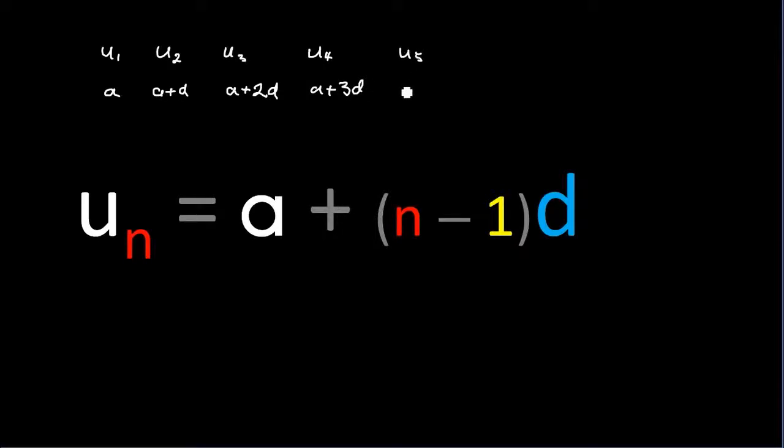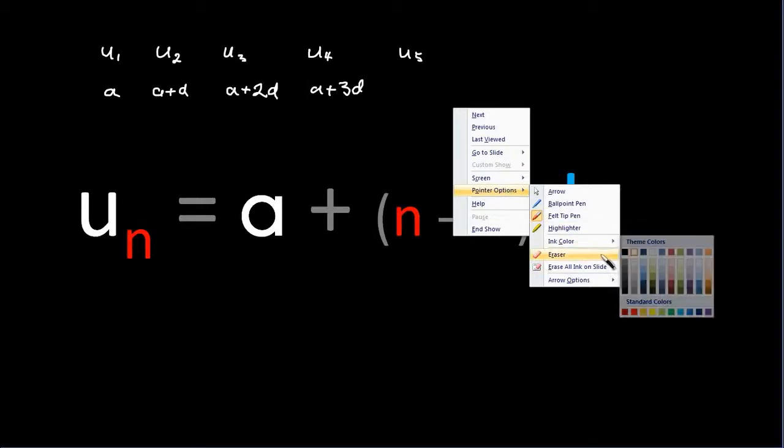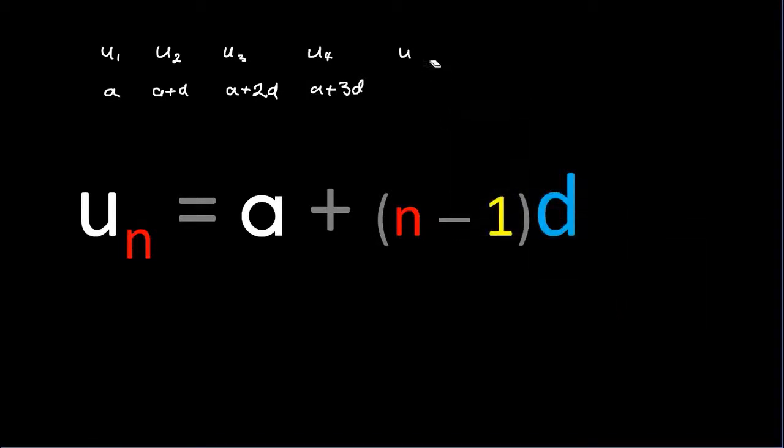u5 will be a plus d plus d plus d plus d, in other words, plus 4d. Now, what's going on here is, again, this problem with numbers not exactly matching up, and that's where this n minus 1 comes in.